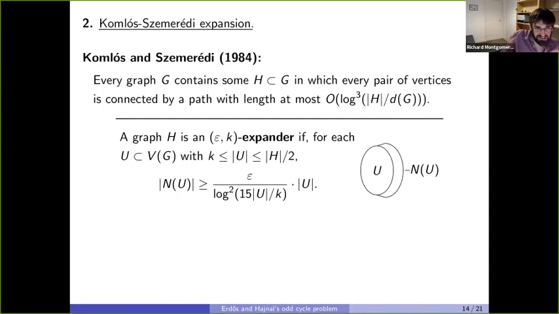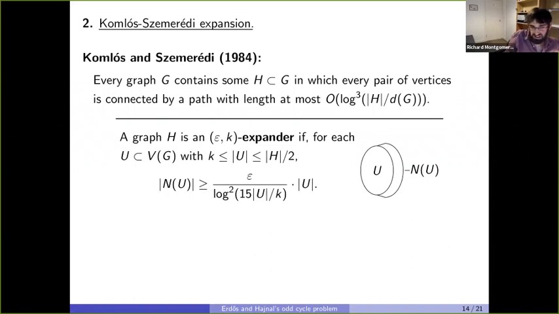So given some parameters epsilon and k, it simply says that for every vertex subset, which is not too small, and we're thinking of k as a constant here, incidentally, so this does apply to small sets, and has size up to the size of H over 2, so at most half the vertices, then the out neighborhood, the exterior neighborhood of that set U, has size at least some expansion function times the size of U.